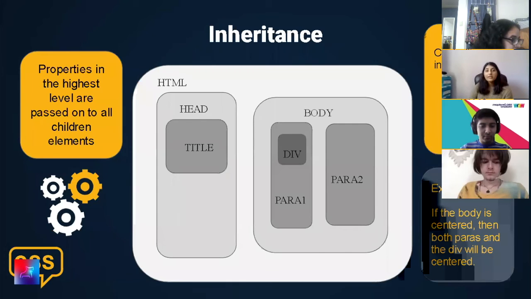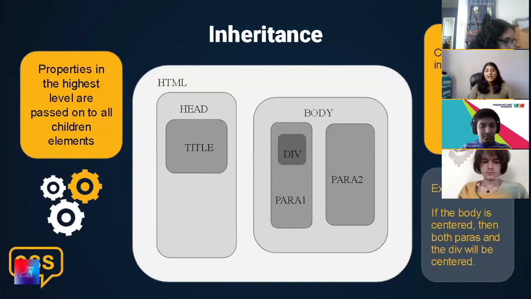And then another really important concept when it comes to CSS is the idea of inheritance. Inheritance is all about how properties transfer from parents to their children. Most of the time, properties are inherited. So if you give a body section the property of being blue for the text, then all the paragraphs underneath will be blue and all the divs and things like that will have blue text in them as well.